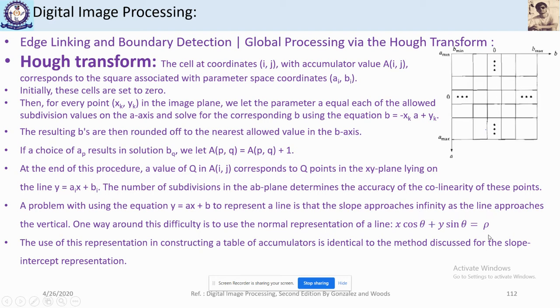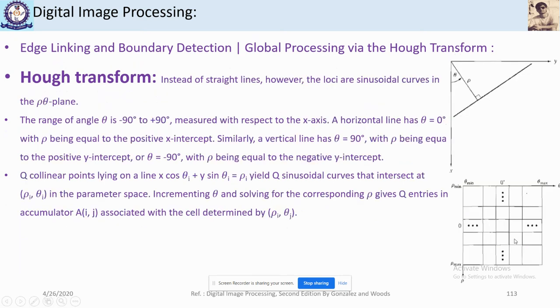In this case the parameter plane will be rho and theta. So here parameters are rho and theta; here parameters were a and b. Here rho and theta will vary from minimum value to maximum value. So let's understand first how we define a line by using these two parameters in xy plane.